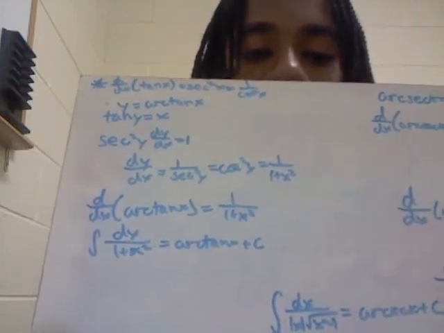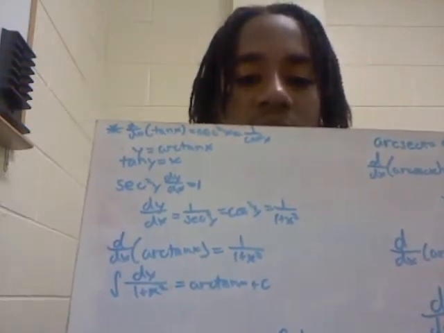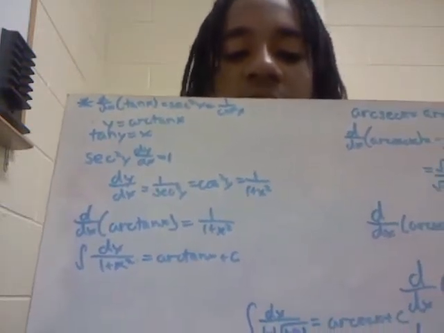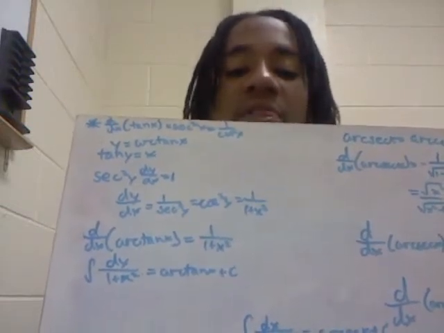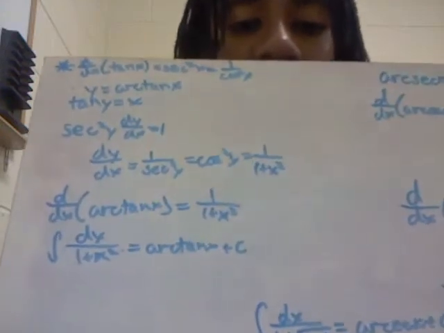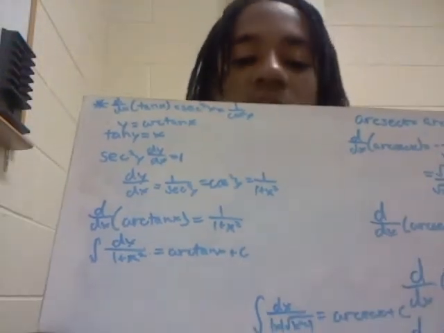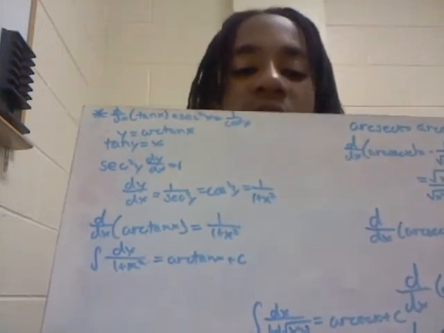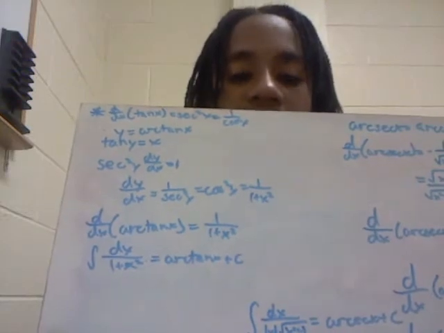This, in turn, will also give you the value of the arccotangent. The arccotangent derivative will be the negative of the arctangent derivative. So arc cotangent will equal negative 1 over 1 plus x squared.